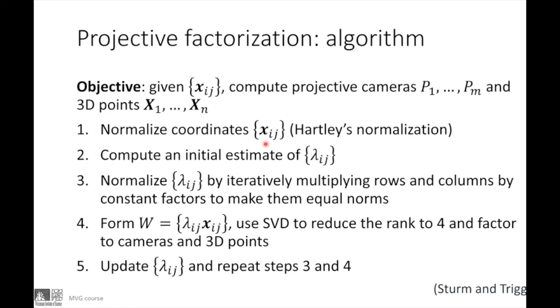You learned that, right? So we want all the points in each image to be centered around 0, and the variance of the points to be constant. Next, we compute an initial estimate of lambda ij using the equations that we just saw.